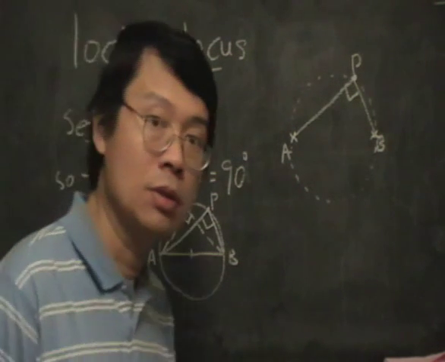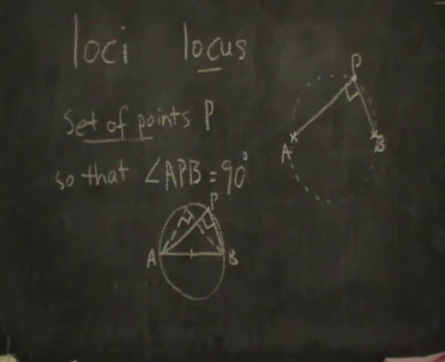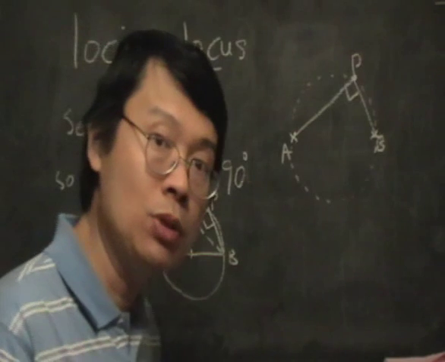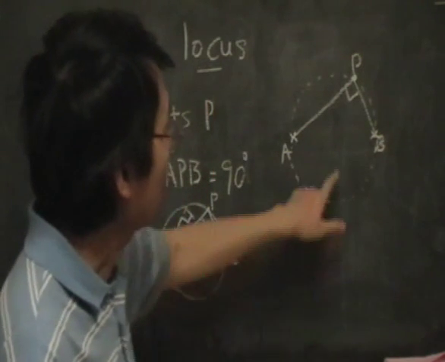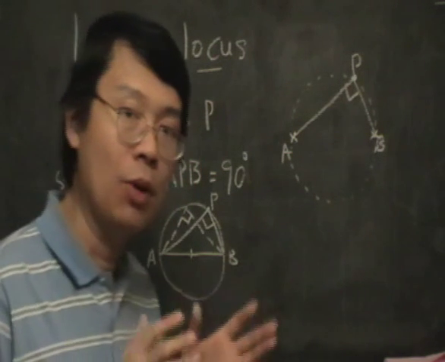So how can I construct this? It's a little tricky. Now if I want to construct this circle, I must first find the center. How can I find the center?